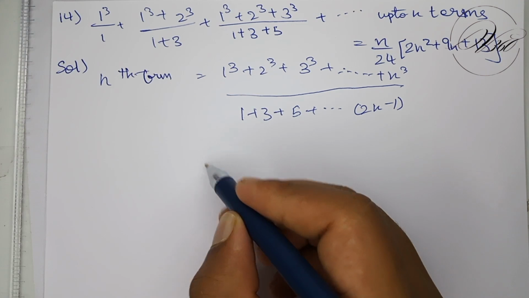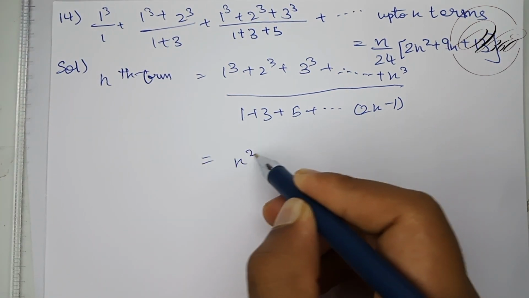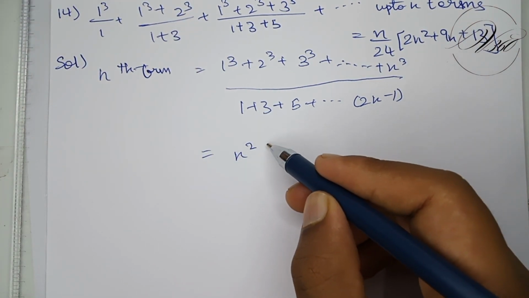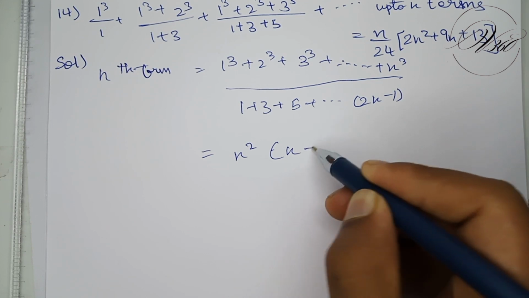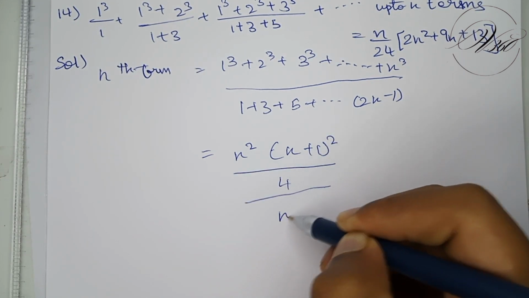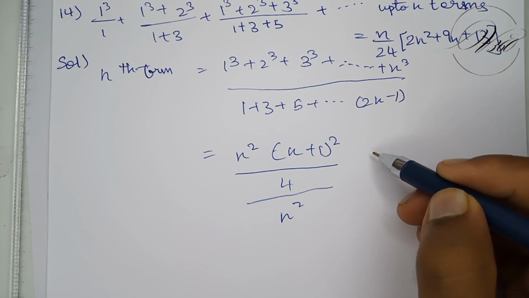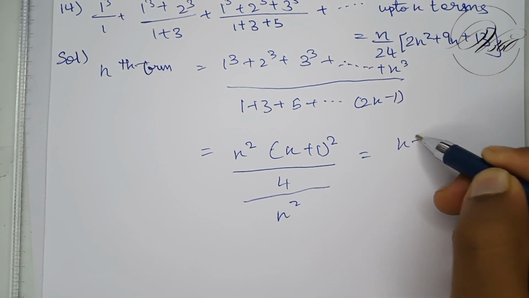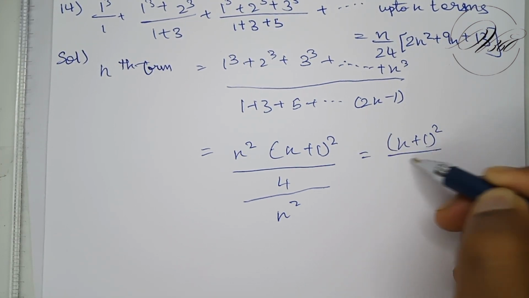Okay, which is equals to n square of n plus 1 whole square by 4 by n square, which is equals to n plus 1 whole square by 4.